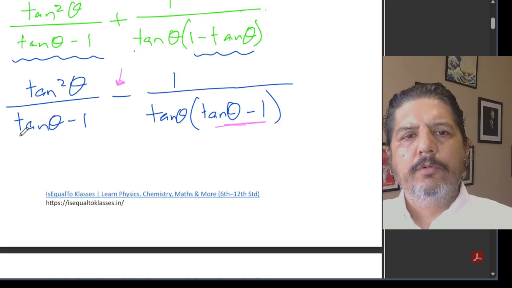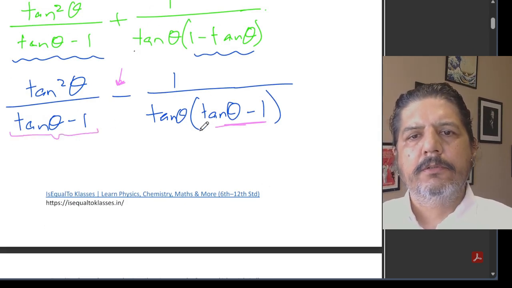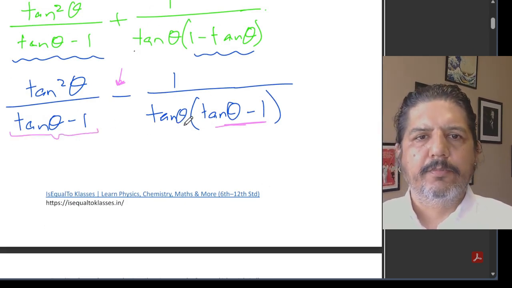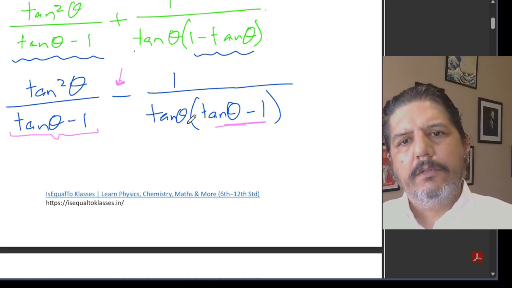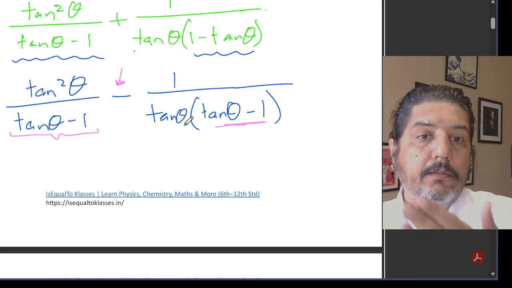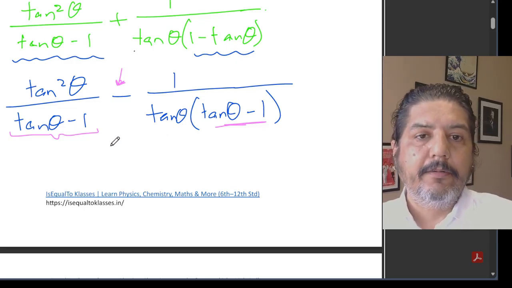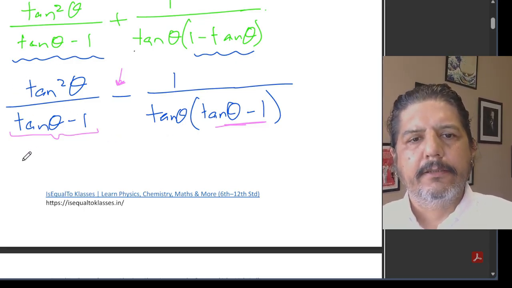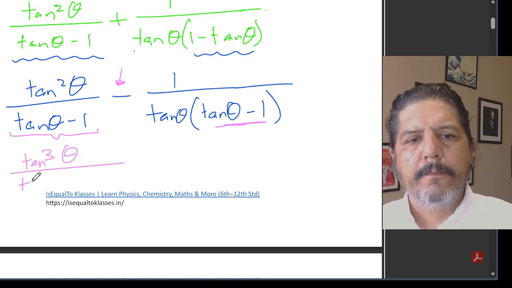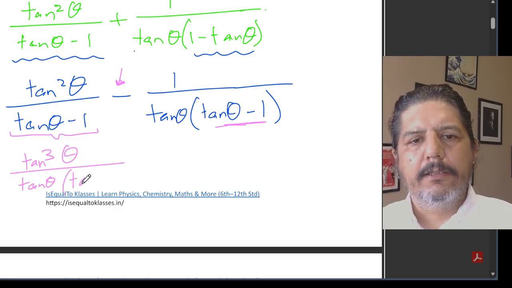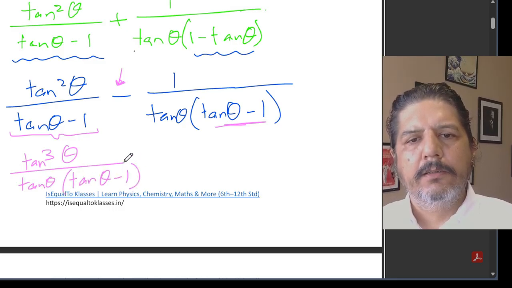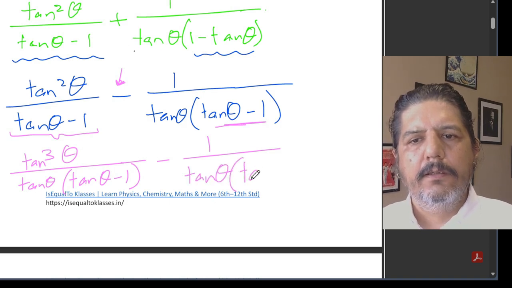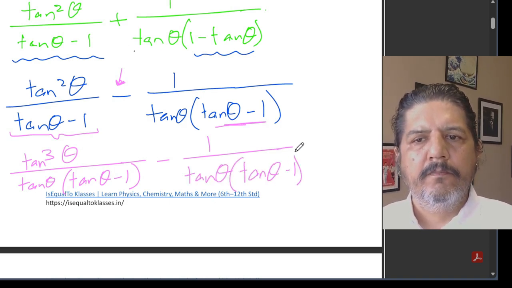So now I have to take the LCM of this expression and the LCM of this expression. Now, see, an easier way of taking the LCM might be that you can try to multiply the numerator and denominator by tan theta. So what I mean is, you can write this as tan³θ upon tan theta minus 1 minus 1 upon tan theta minus 1.